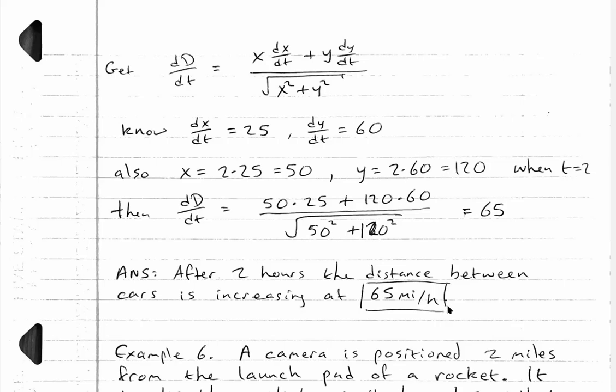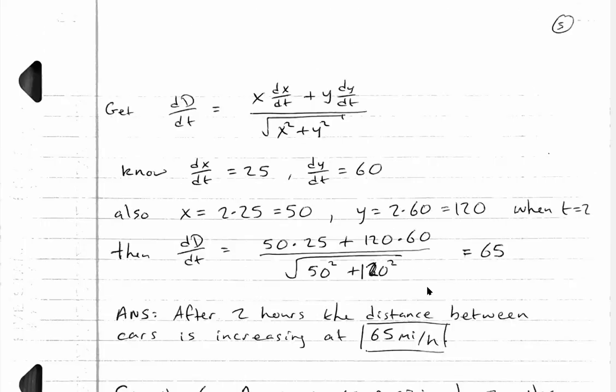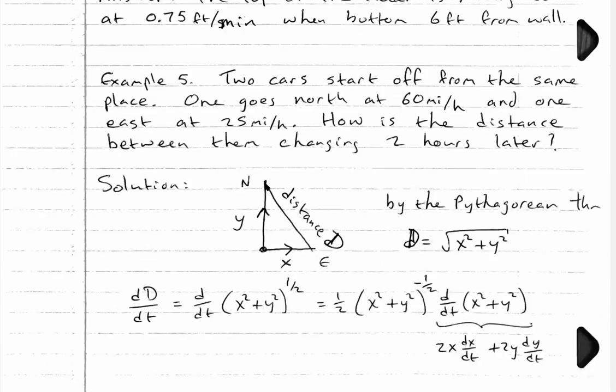Okay, so does that make sense? If the cars were traveling in opposite directions, 60 miles an hour and 25 miles per hour, then the distance would be increasing at 85 miles per hour. But they're not going in opposite directions. They're going at right angles.